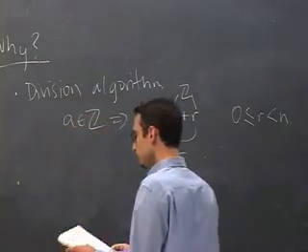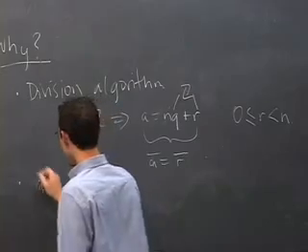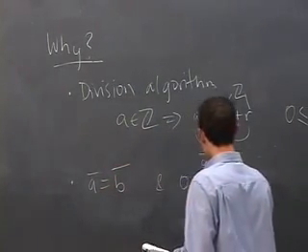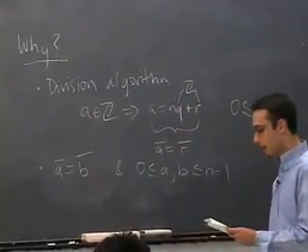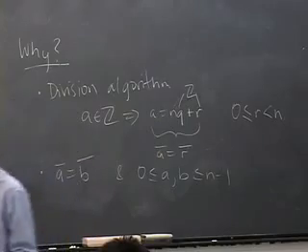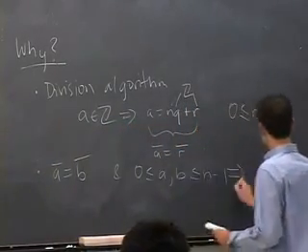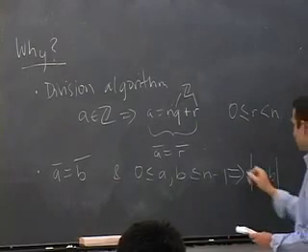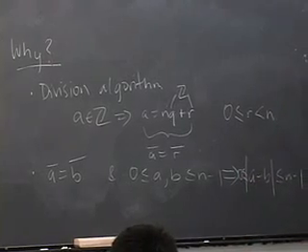Moreover, these are all distinct. Because if a bar is the same as b bar, and we both have these things in the range 0 to n minus 1, well, then the magnitude of the difference between these things is also bounded by 0 and n minus 1.